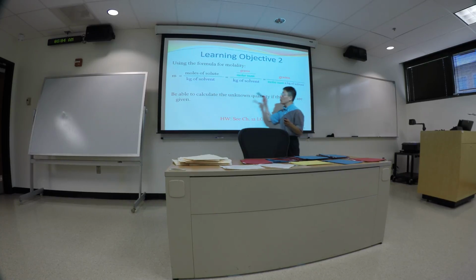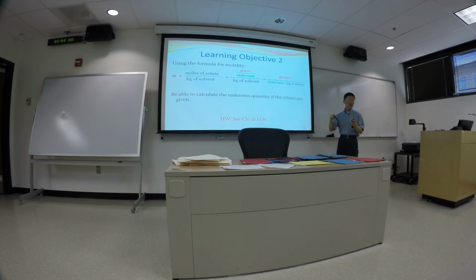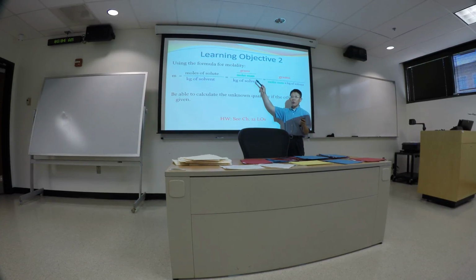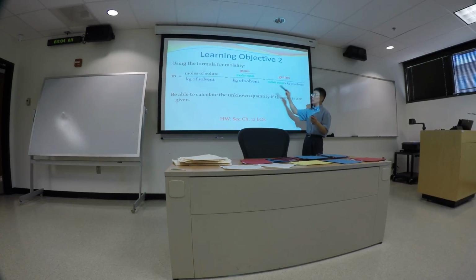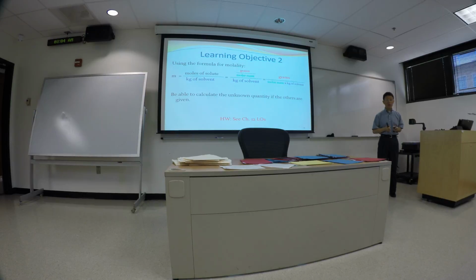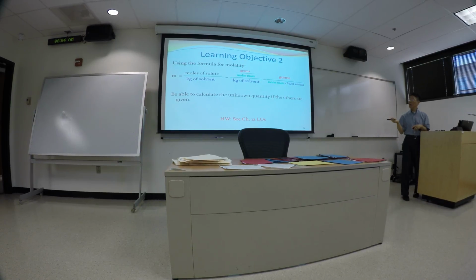Small m is the number of moles of solute per kilogram of solvent, and the number of moles is mass over molar mass. Okay, so rearranging the equation, you have 1, 2, 3, and the molality, a total of 4 quantities involved in this equation. If any 3 of these 4 are given, you should be able to figure out the 4th one.